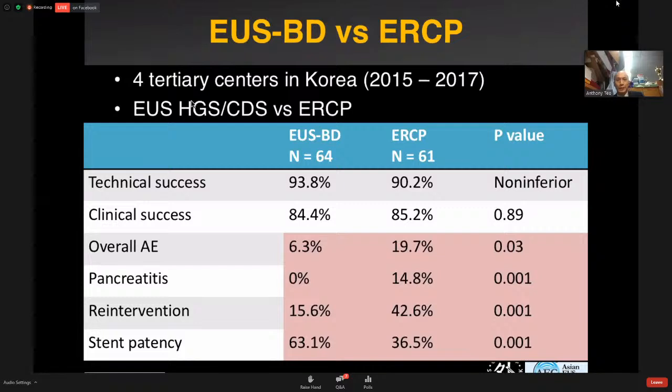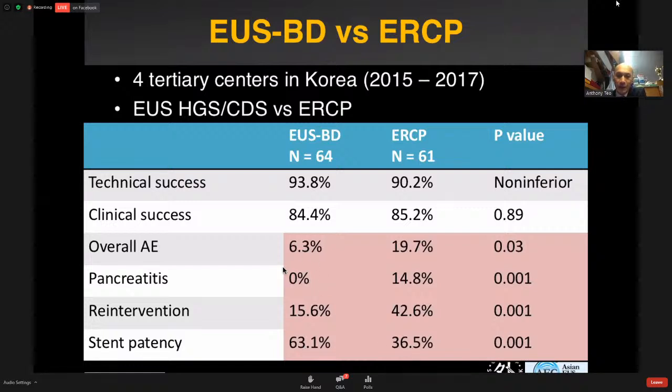This study published by Asan Medical Center, involving 4 tertiary centers in Korea, compared primary USBD versus ERCP. They showed that the technical success is similar, clinical success is similar, but the overall adverse events is significantly less in the USBD group. Reintervention rate is 15% versus 42%, and the stent patency was 63% versus 36%.